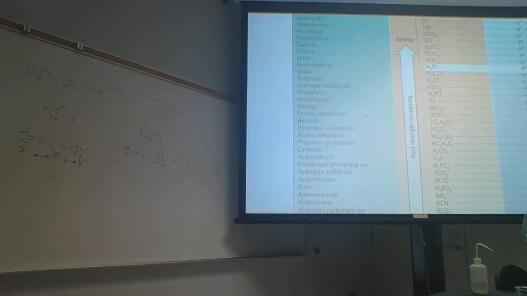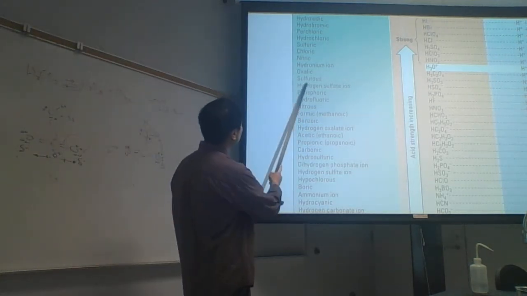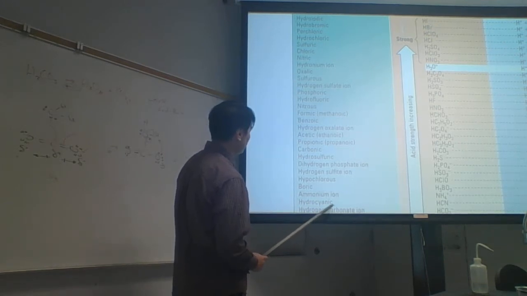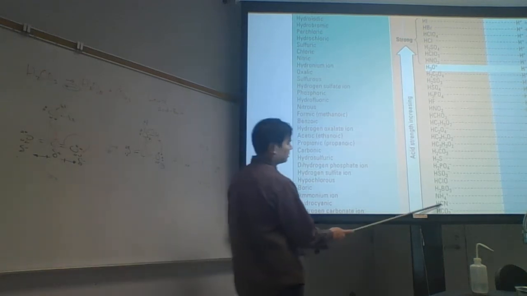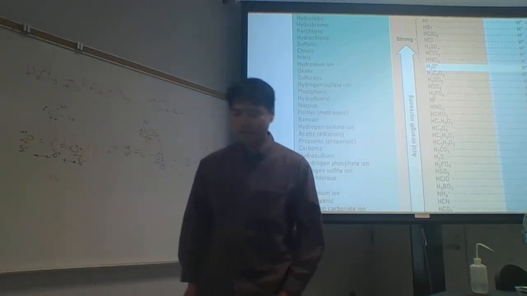What other ones do we have? There are some different ones here, and a lot of the same. Hydrocyanic acid is not on our chart. You can see it's a pretty weak acid, hydrocyanic acid.